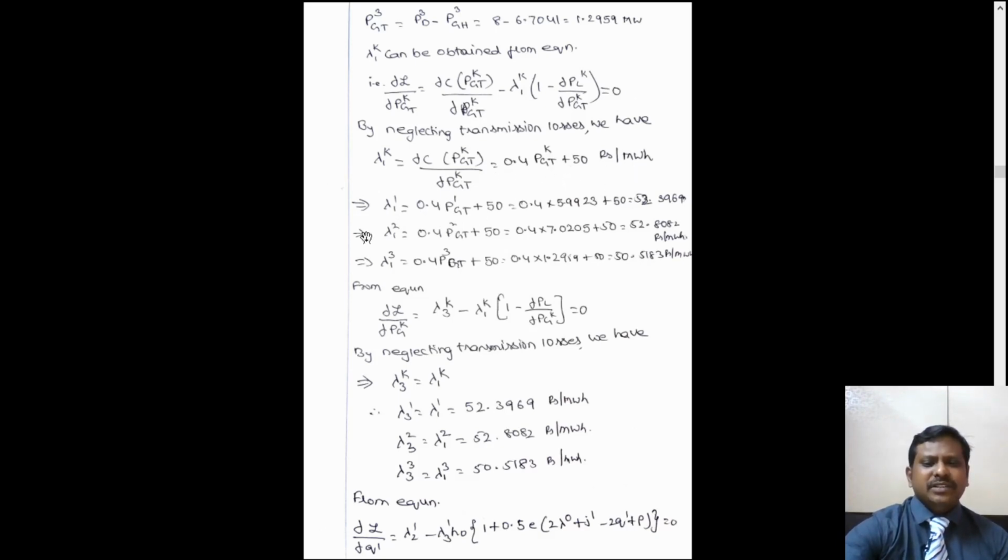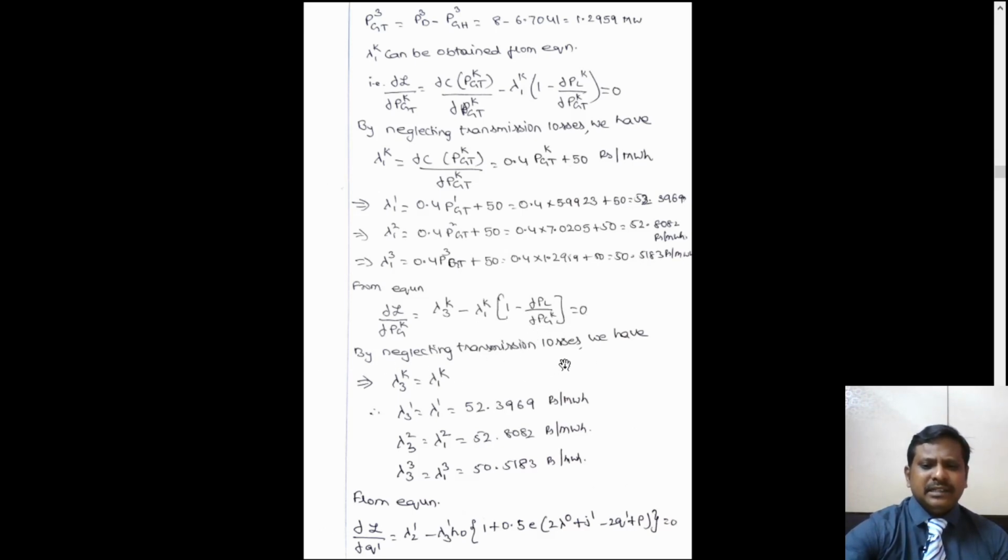From that equation you will be finding lambda 1 at the first interval, second interval, and third interval. Again from the equation above, dou lambda by dou PGk is equal to lambda 3k minus lambda 1k minus 1 by 1 minus dou PL by dou PGk.